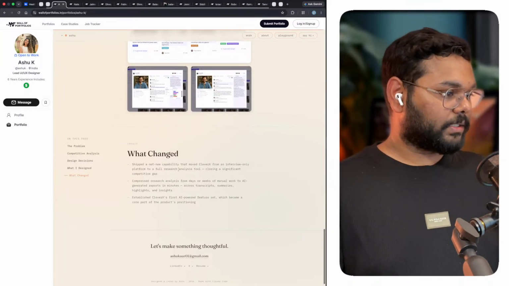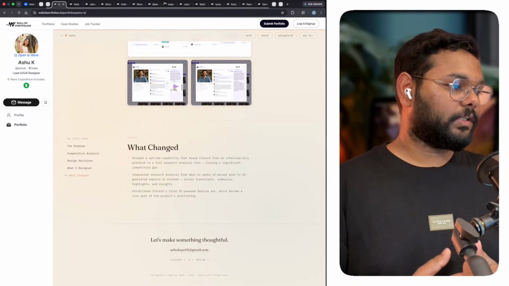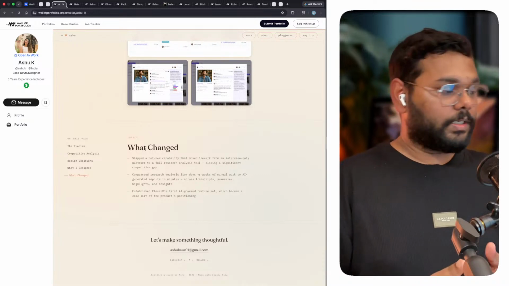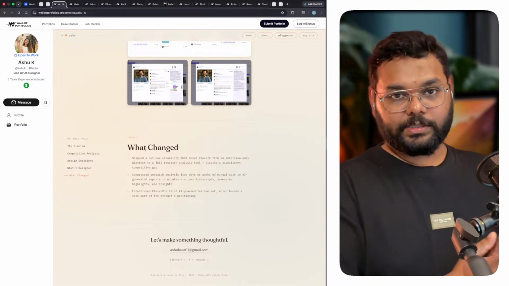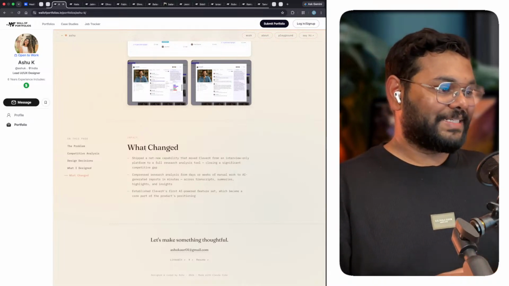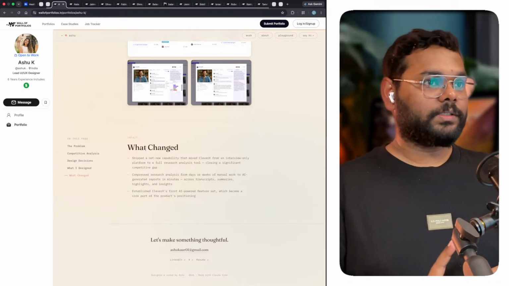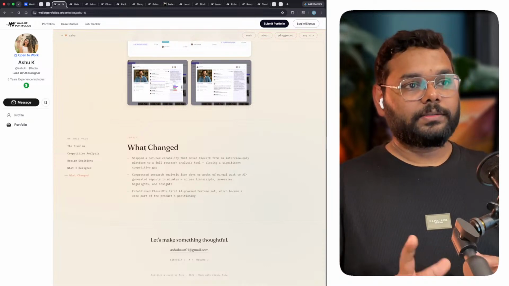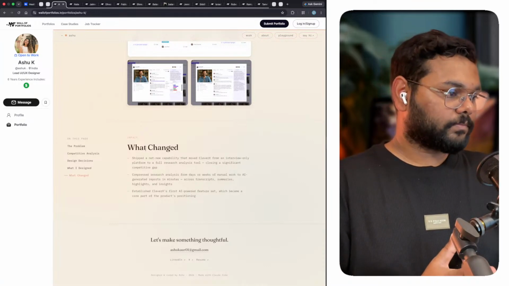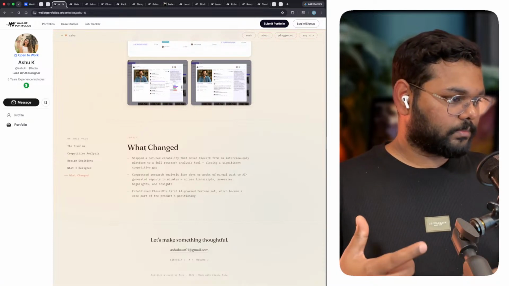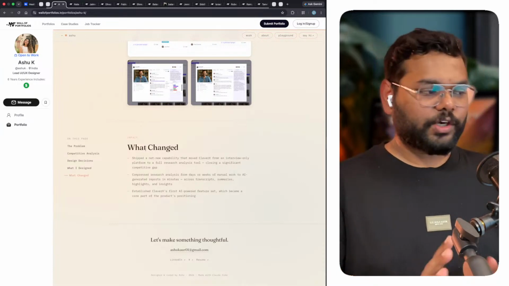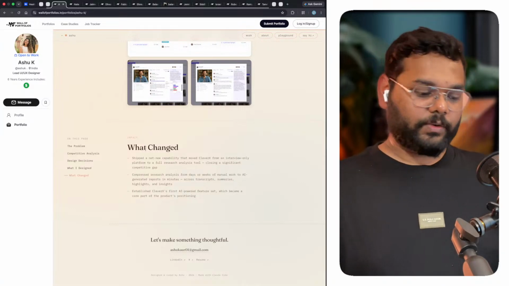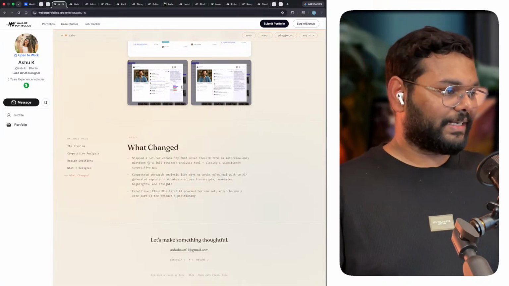And the impact. Now this is something which a lot of us miss, but we definitely should have impact noted, and what it changed, either a metric or moving a certain number. I'm not sure, but what changed, what impact we have to write here.